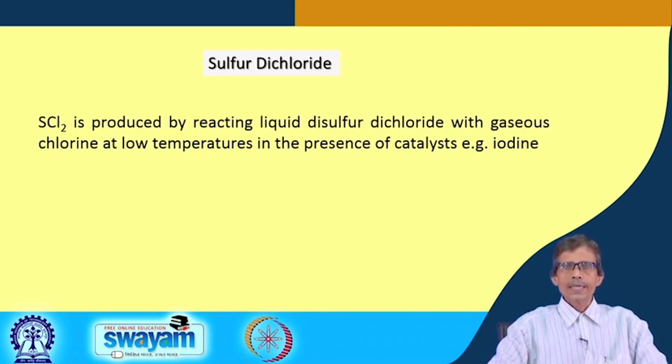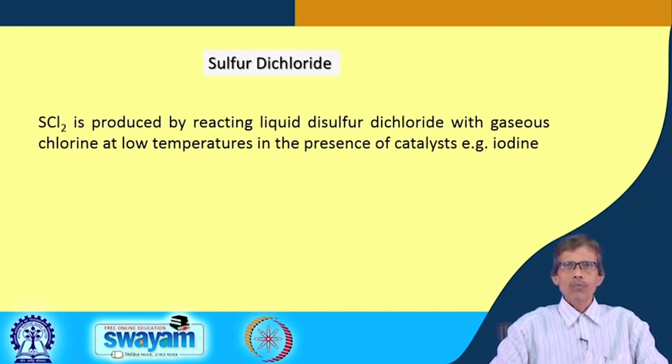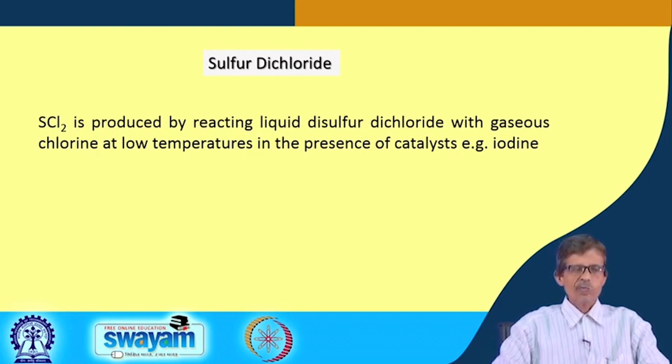So, how we get that particular SCl2 compound is very important, because we have the source of sulfur, the elemental sulfur, and we have the source of chlorine as chlorine gas. This is also produced in a nicer way, by reacting liquid disulfur dichloride, which we have prepared earlier.